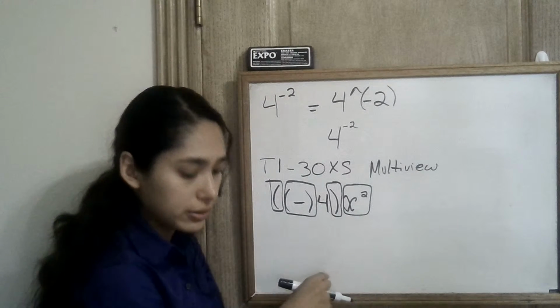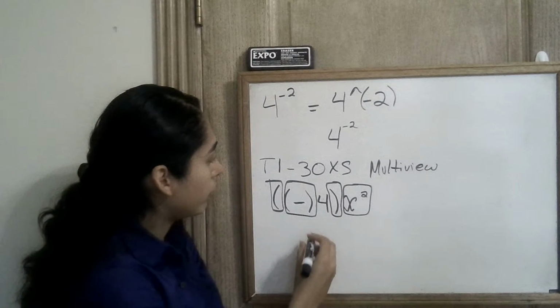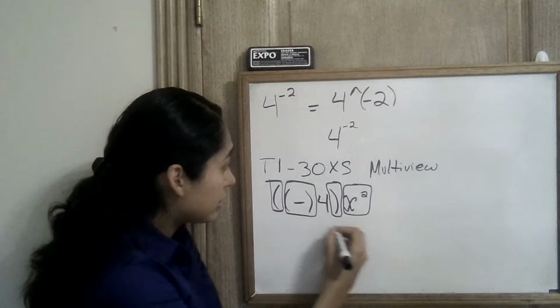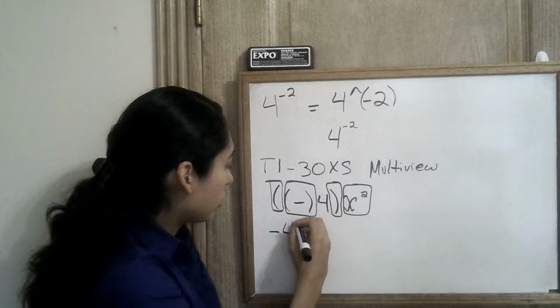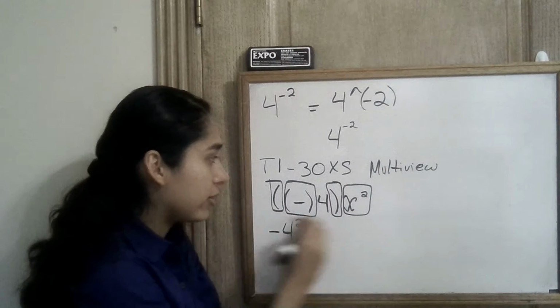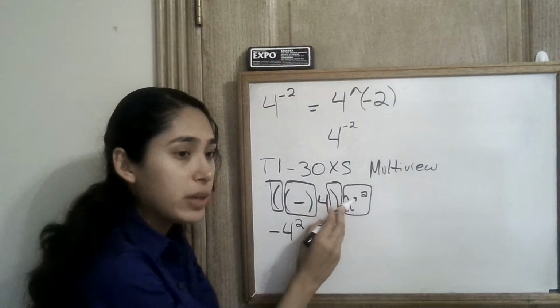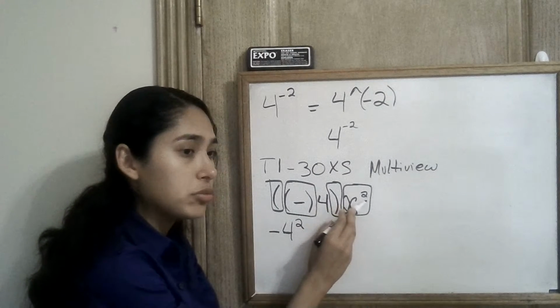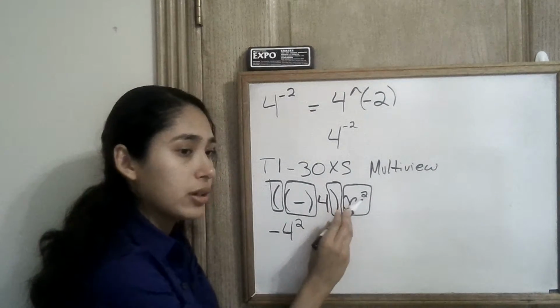So in order to have the value multiplied, this is very different from this. This is negative 4 squared. If you need to do a negative 2, don't use this button, because this button is assuming a positive power.